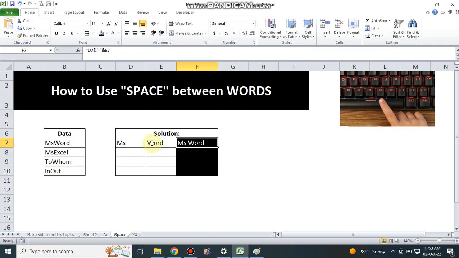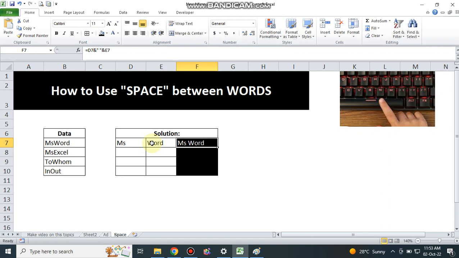The purpose of the and mark is to join together, and the quotation mark is used for a space or any digit, therefore I must put quotation marks around the space.